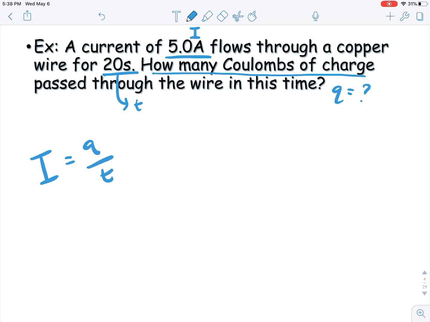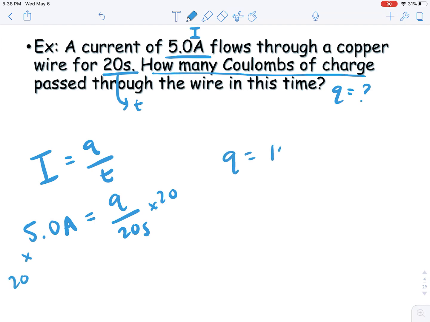Current equals charge divided by time. So I'm going to plug in the stuff the problem tells me. And to rearrange this to get Q by itself, I'll multiply both sides by 20. I get the amount of charge is 100 coulombs.